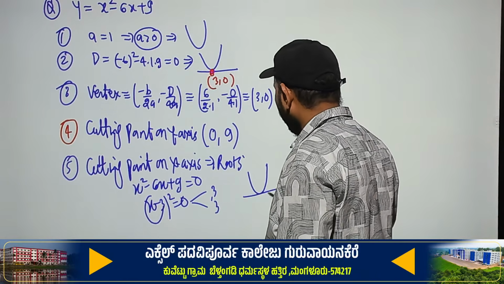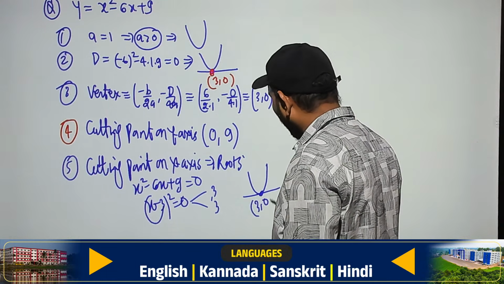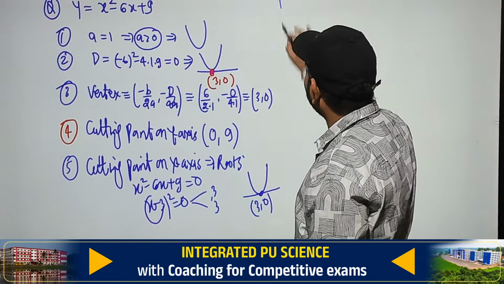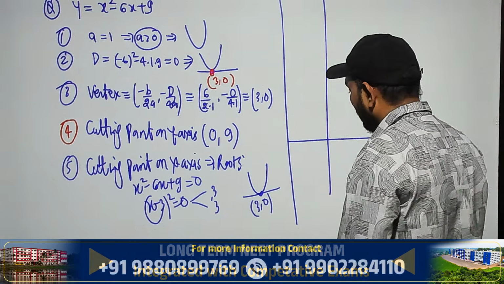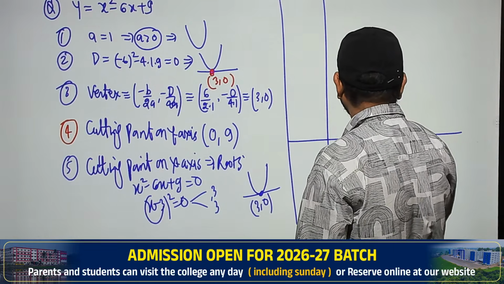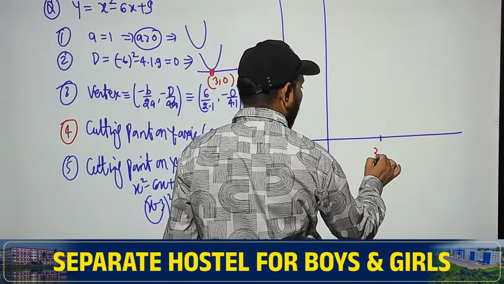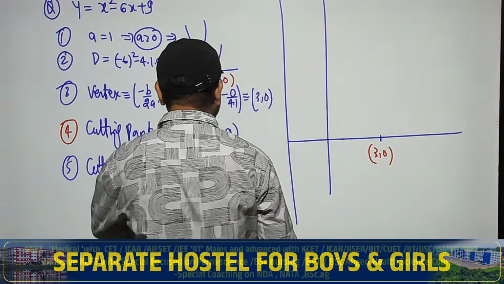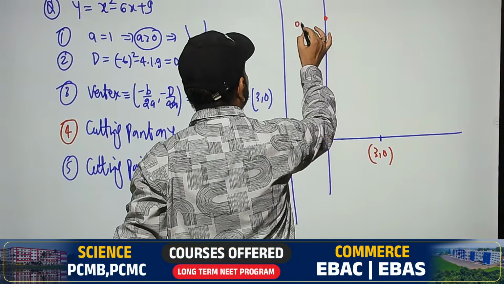Touching. It means this point is 3, 0. You already know this point. Both roots are 3. So if I want to draw the complete graph of this, then our axis is this. Here is touching at 3, 0, and here it is cutting the y-axis at 0, 9.